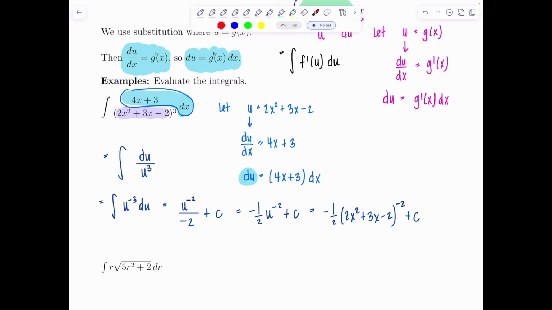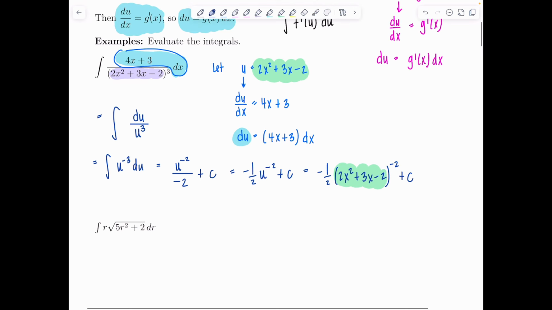So I'm replacing u now with what it originally was, 2x squared plus 3x minus 2. And then I wouldn't leave it like that. I would rewrite that negative exponent in the denominator, and that 2 is going to go down there with it. So I'd write it as negative 1 over 2 times 2x squared plus 3x minus 2 squared plus c.